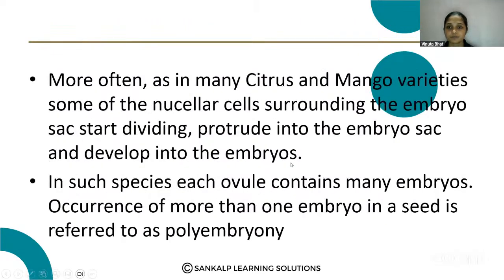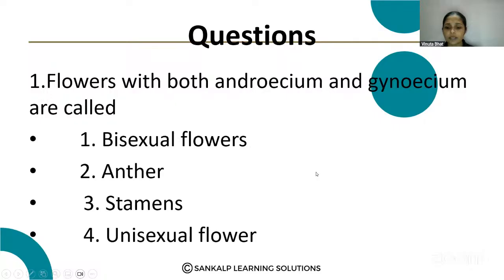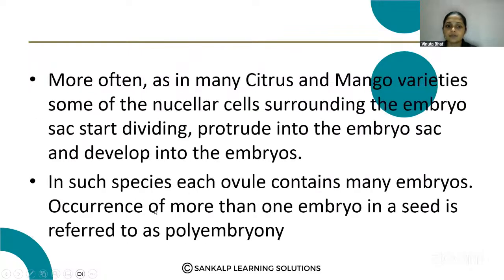What is the definition of polyembryony? In some species, such as citrus and mango varieties, some nucellar cells surrounding the embryo sac start dividing and protrude into the embryo sac. So not only one embryo, within the single embryo sac many embryos will develop. That is called polyembryony, because nucellar cells develop into embryos.